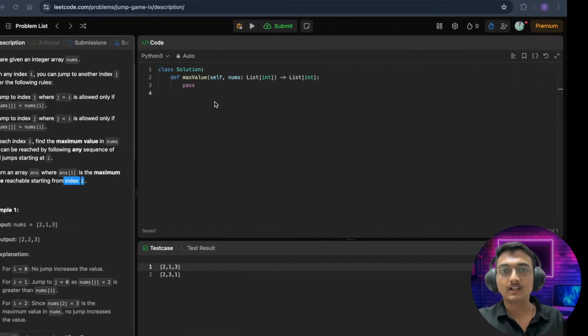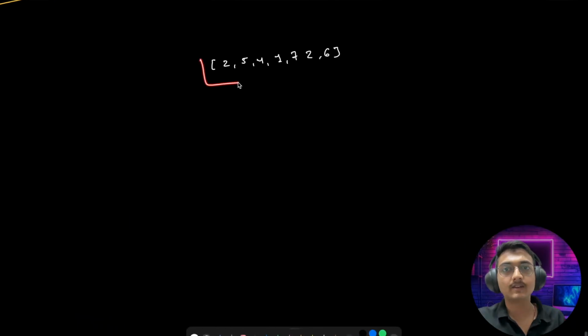So let me take an example. Here is my example. Let's say I am at index 4. Now from this 4, I can jump to any index on the left side if that number is greater, and I can jump to the right side if the number is smaller.